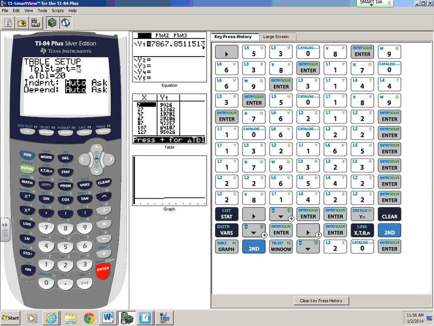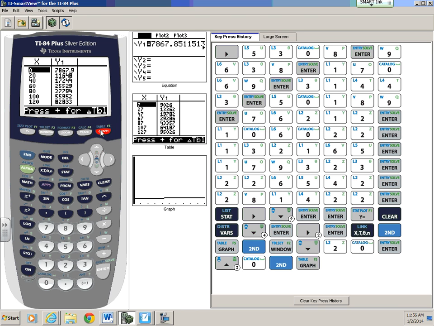And I'm going to have them start at 0 as opposed to 7, because that's what we started with. Okay? Now I go back to my table. Now, when will I hit 500 million?